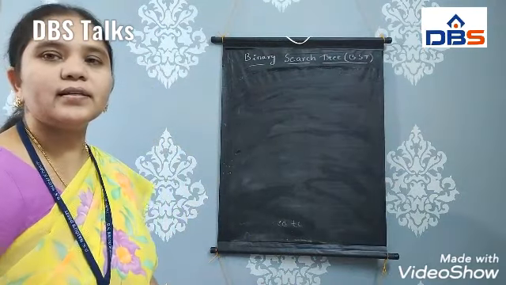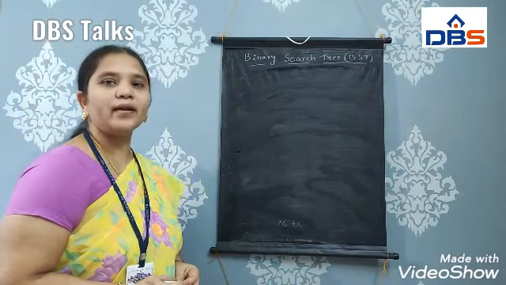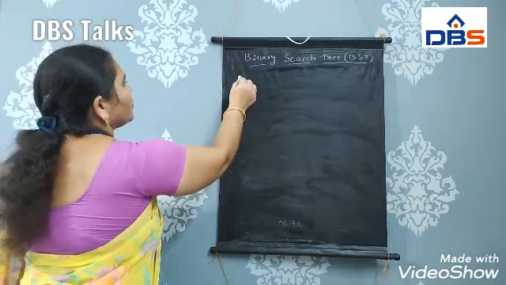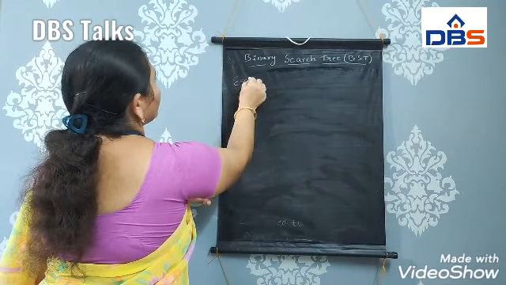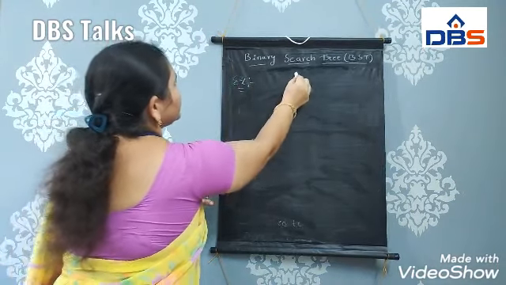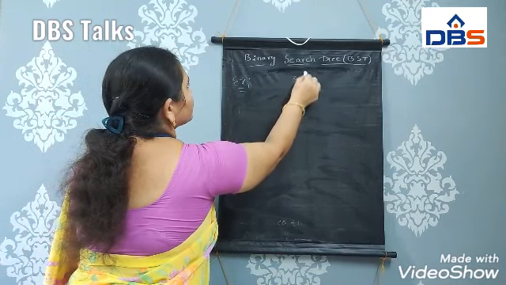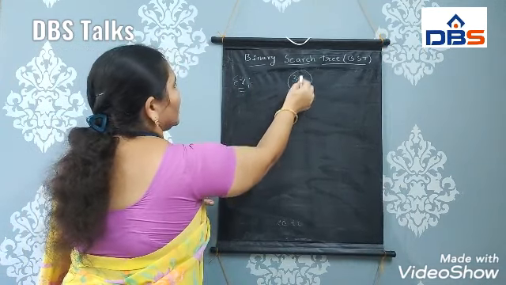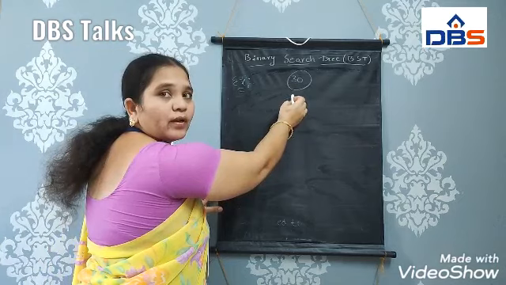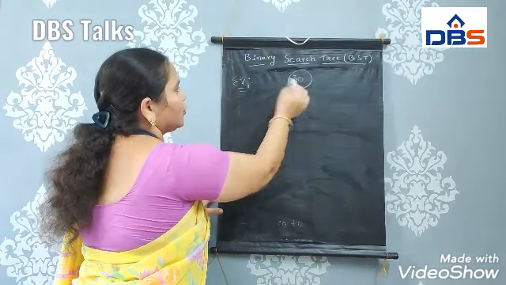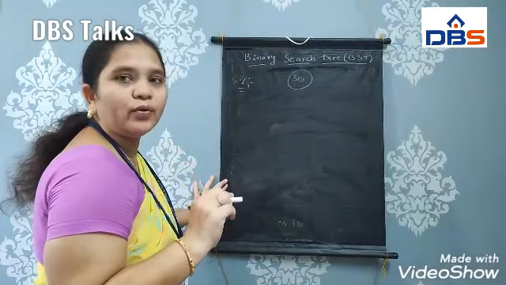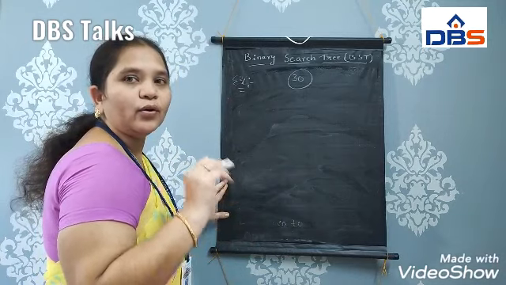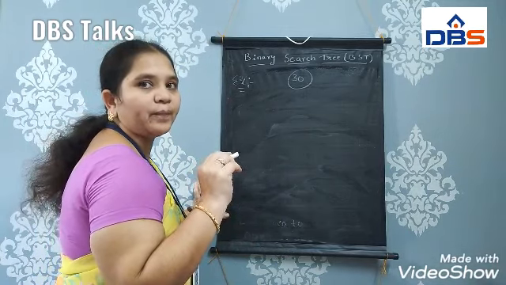Now let us consider an example for a binary search tree. We take the root node as 30. This is the root node. Suppose I want to include the node with value 20.